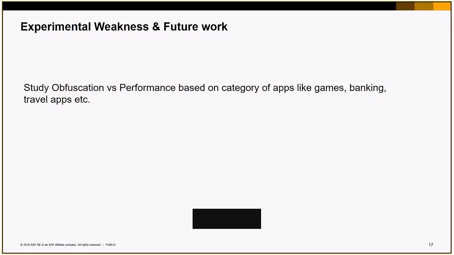When I thought about the future work or the kind of weakness, I felt as a developer, I should have got to know the kind of obfuscation that fits in really well for different types of applications like games, banking.